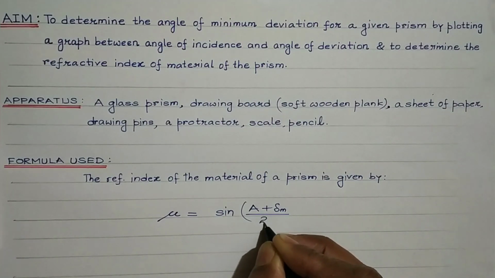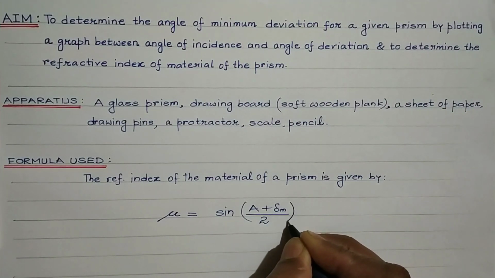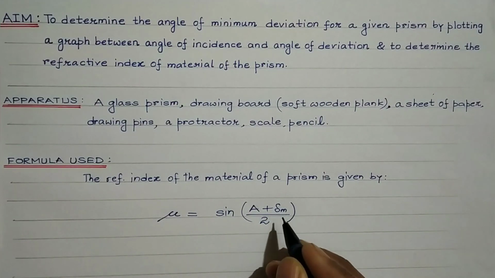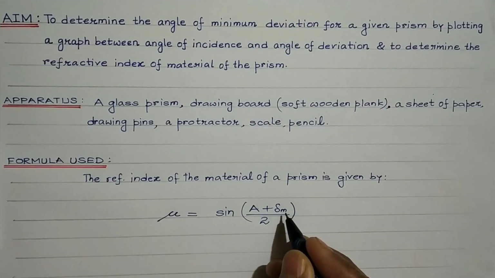Here, mu is the refractive index, A is the angle of prism and del m is the angle of minimum deviation, right?